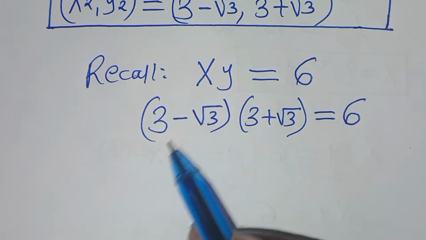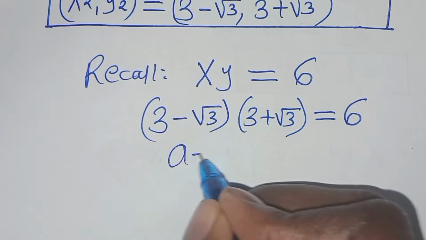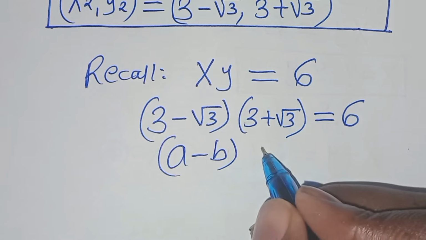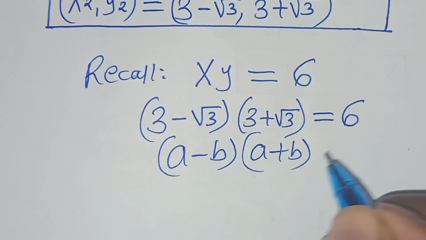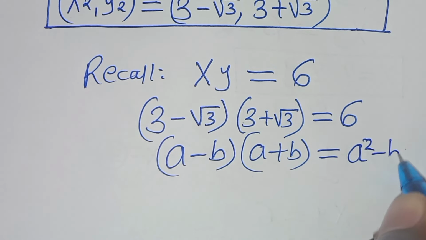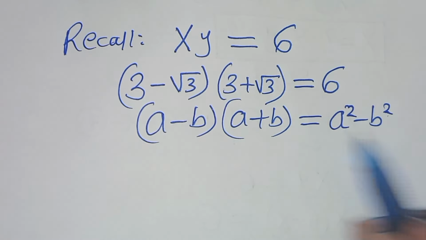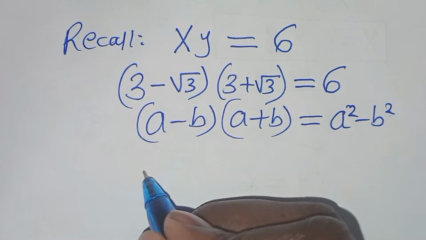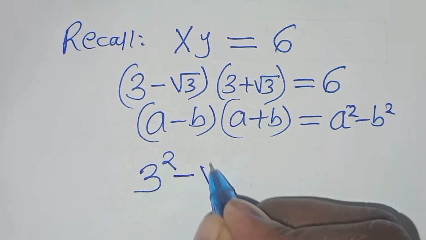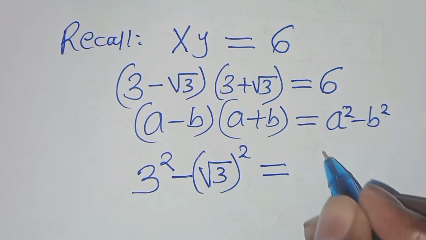Now, 3 minus square root of 3 is in the form of a minus b, and 3 plus square root of 3 is in the form of a plus b, which we can express as a squared minus b squared. Applying this difference of two squares identity, we have 3 squared minus square root of 3 squared. This is supposed to give us a value of 6.